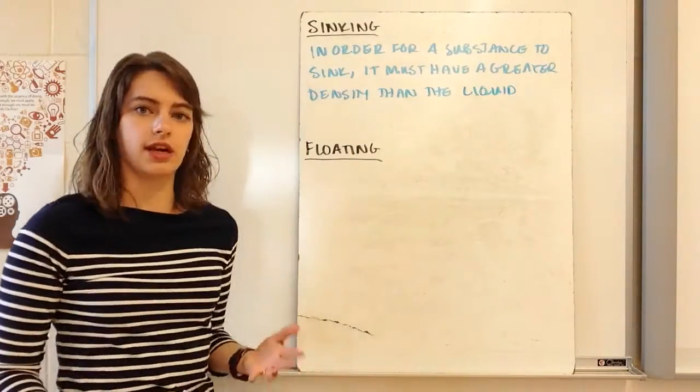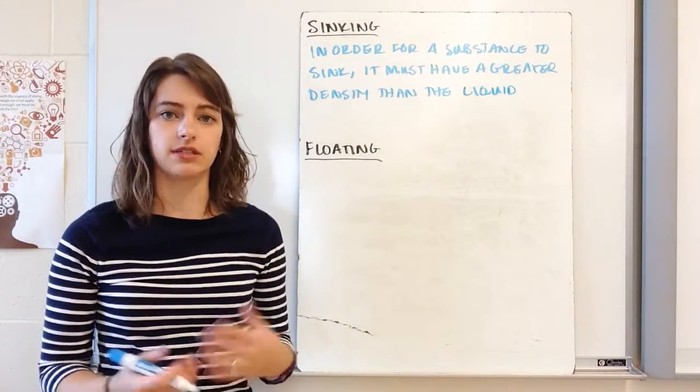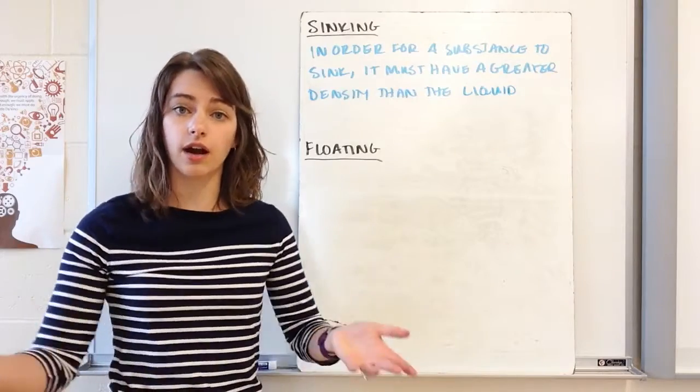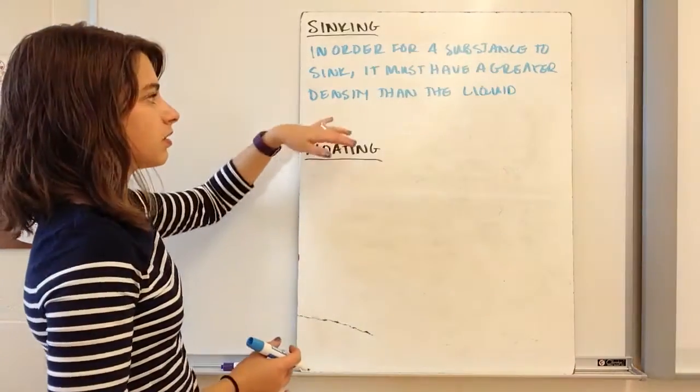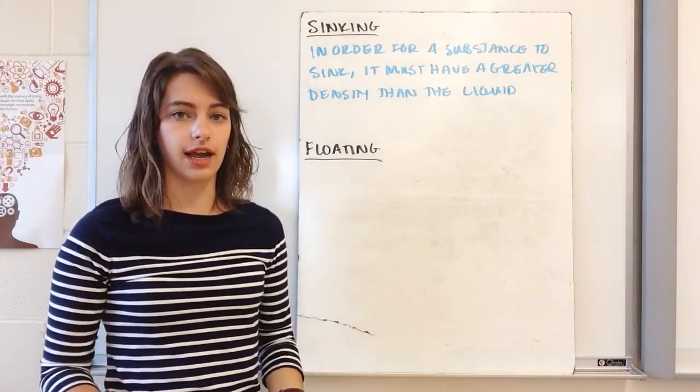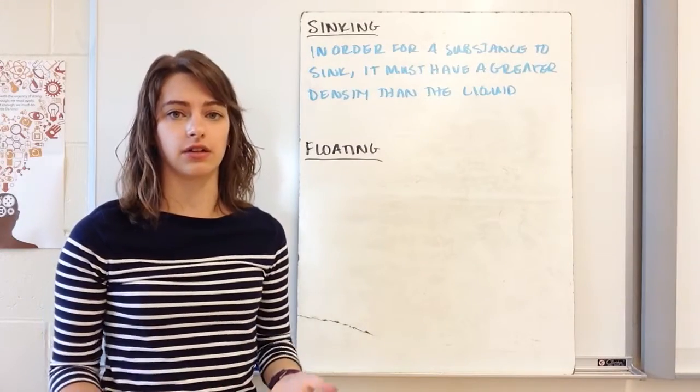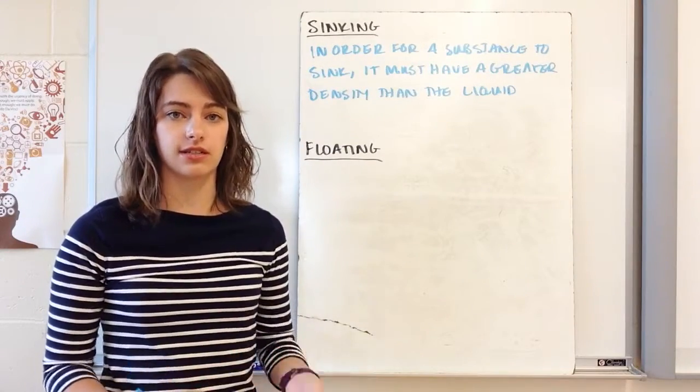So usually when we think about things sinking and floating, we're thinking about them in some sort of liquid. Often it's water, not always, but often. So if we want something to sink in water, it must have a density that's greater than water. So if something has a greater density, it's going to sink.